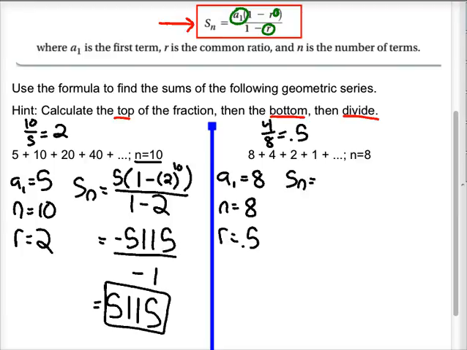So now let's plug it into the formula. 8 times 1 minus the rate, which is 0.5, to the n power, so to the 8, divided by 1 minus 0.5.